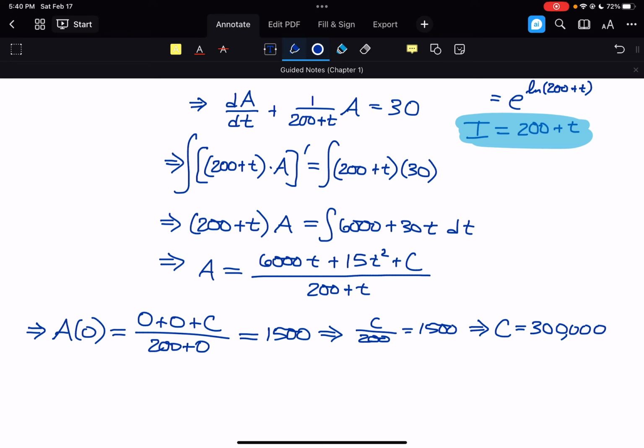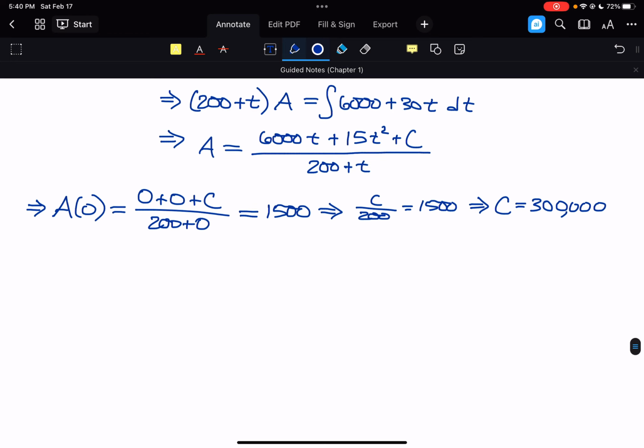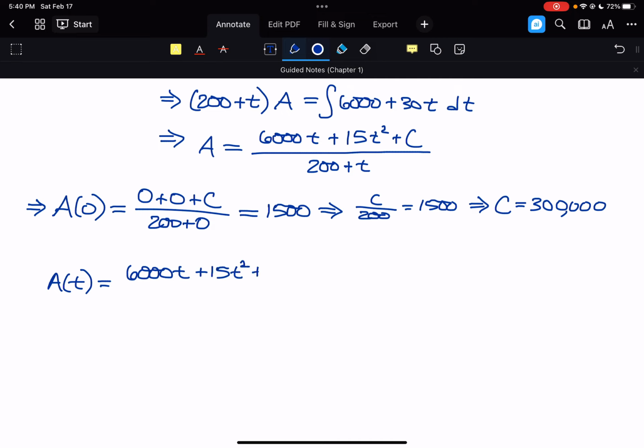So our formula for A of t is going to be 6,000t + 15t squared + 300,000, all over 200 + t.